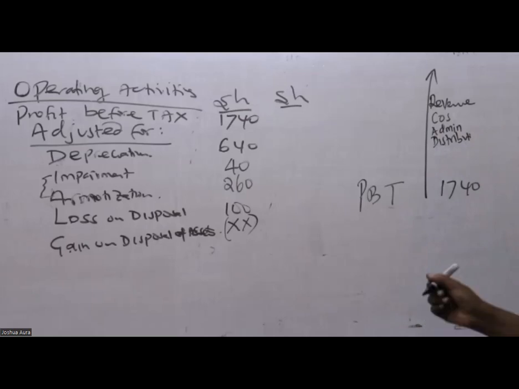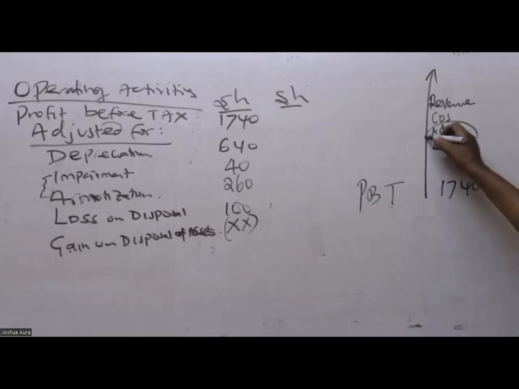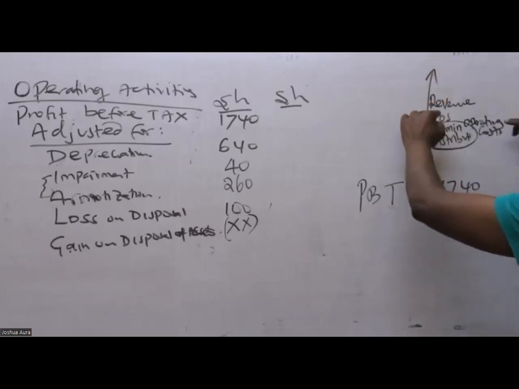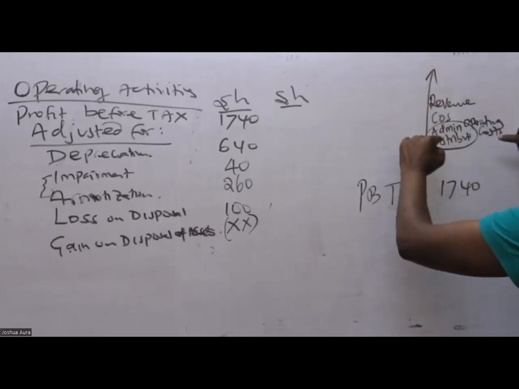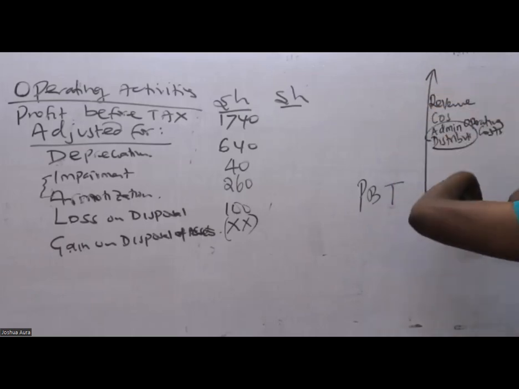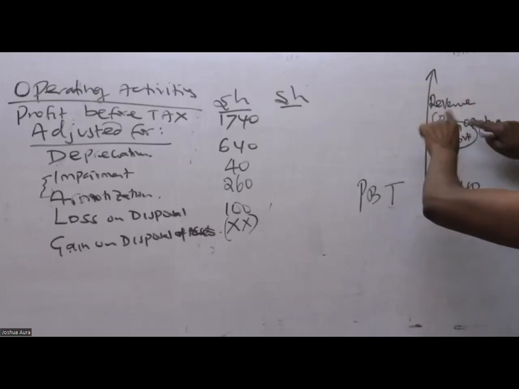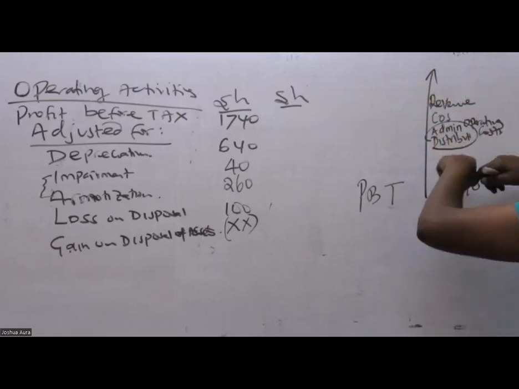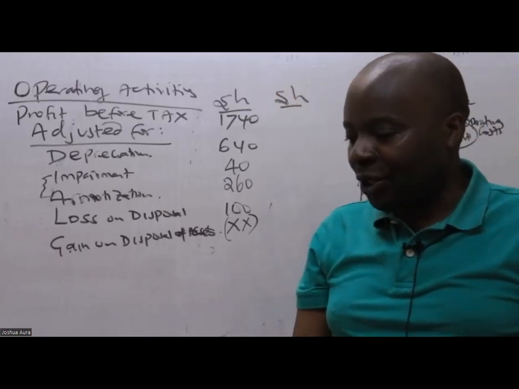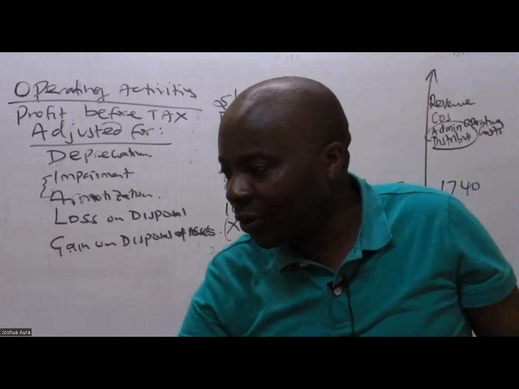At times, administration and distribution are called operating costs. So when I'm looking here upwards, I know that this is operational, and the 2 here are operational. Any other item that is here, which is not coming from the 4, is non-operational. So ladies and gentlemen, what are we able to see here?